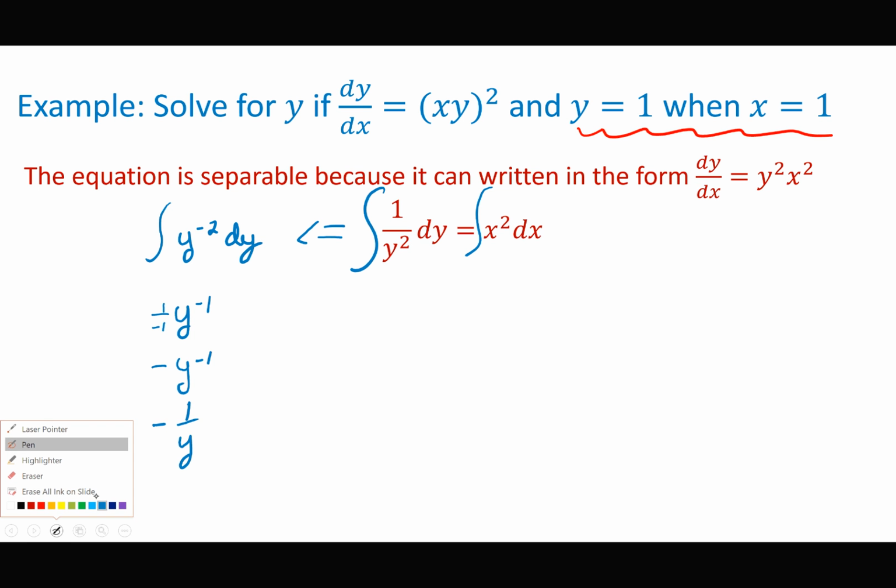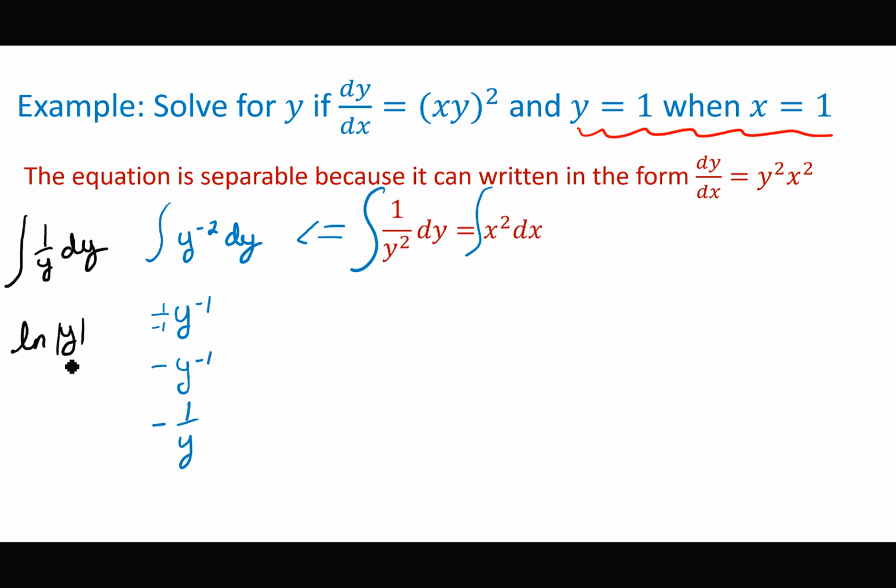Well, hold on, we'll get to that in a second. But I want you to recognize if we had 1 over y dy, what is the integral of 1 over y dy? Natural log of y. So do not get these confused. We could do this because it was y squared.